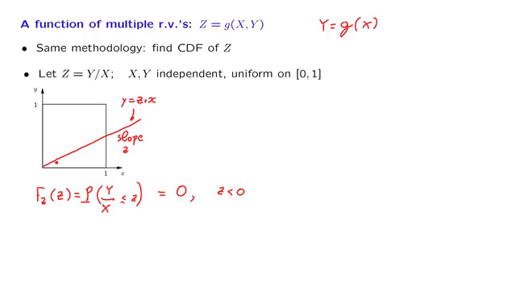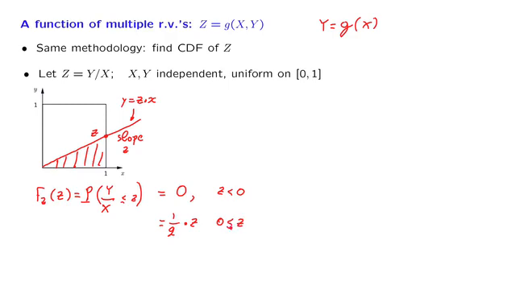So the event of interest is actually this triangle here. And the probability of this event, since we're dealing with a uniform distribution on the unit square, is just the area of this triangle. Now, since this line rises at slope z, this intercept is at z, and so the sides of the triangle are 1 and z, and so this formula here gives us the value of the CDF for the case where little z is positive.